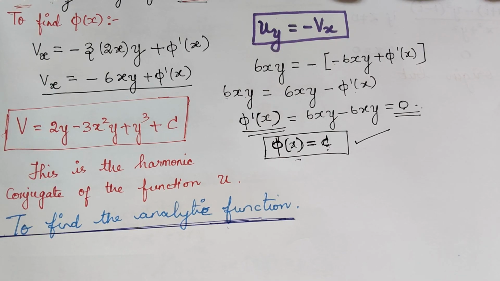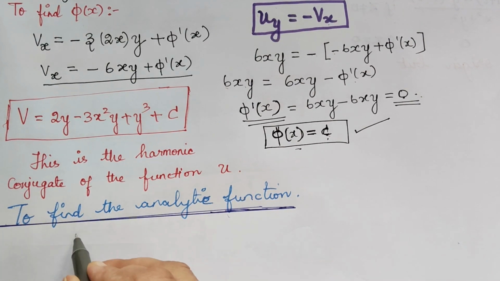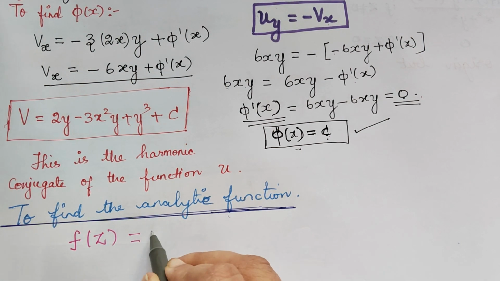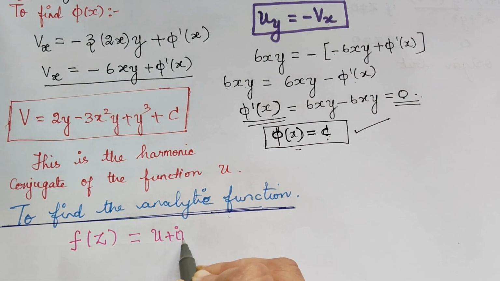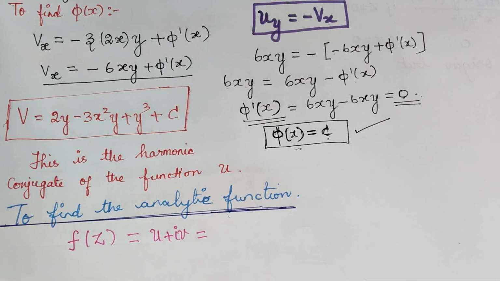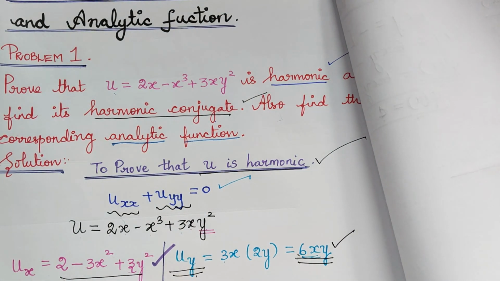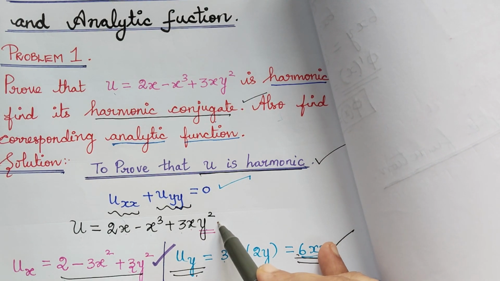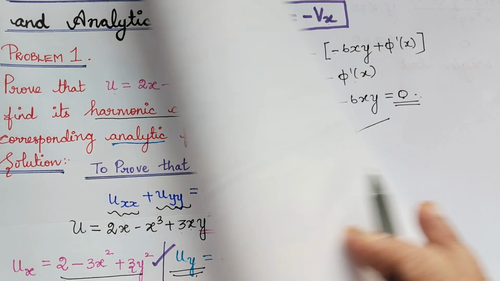So now in order to find the analytic function, we know that the analytic function f of z is equal to u plus iv. Now what is u in that? u is, we have here 2x minus x cube plus 3xy square. So we shall substitute that.